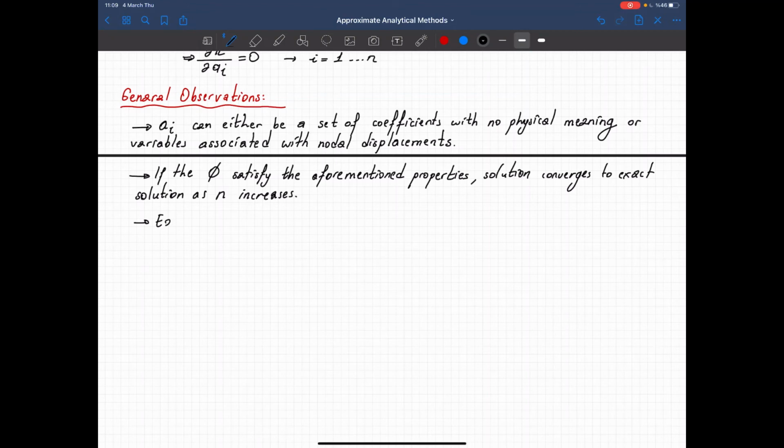Now the equilibrium equations are satisfied only in the energy sense, and not in the differential sense.